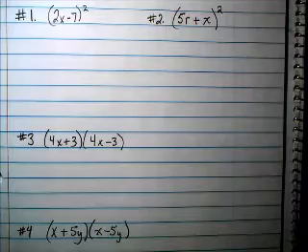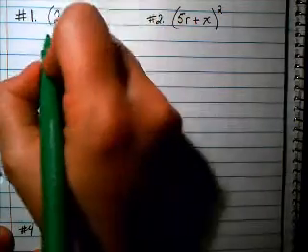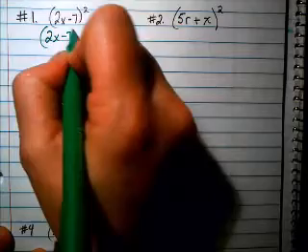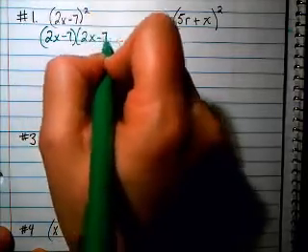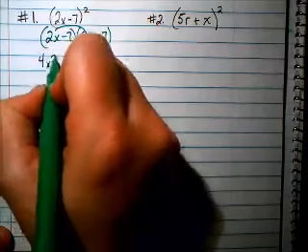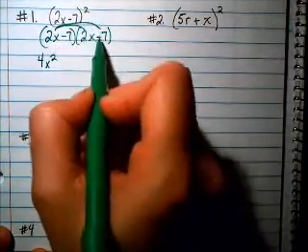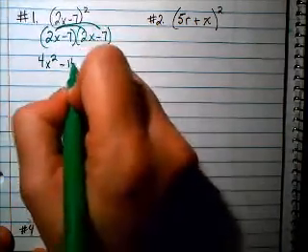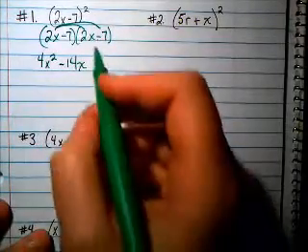Okay, if I work these, that'll be 2x minus 7 times 2x minus 7. 2x times 2x is 4x squared. 2x times negative 7 is a negative 14x.